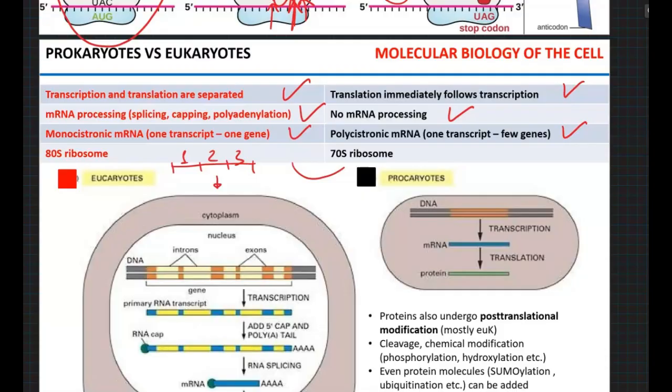If these genes are transcribed, they are transcribed into 3 separate mRNAs: mRNA1, mRNA2, mRNA3. Each transcript is monocistronic. It carries 1 gene. In prokaryotes, however, the same situation may result in a single mRNA.